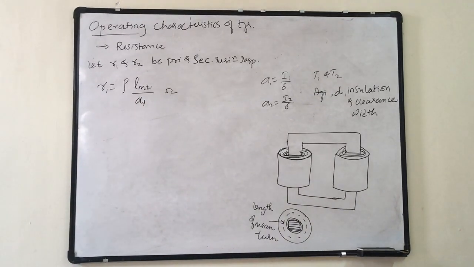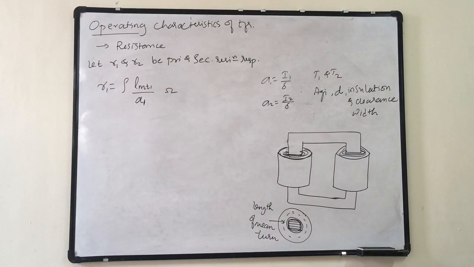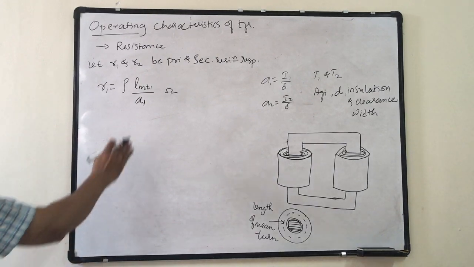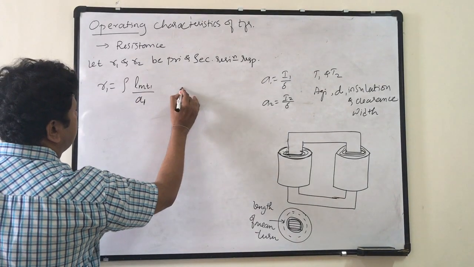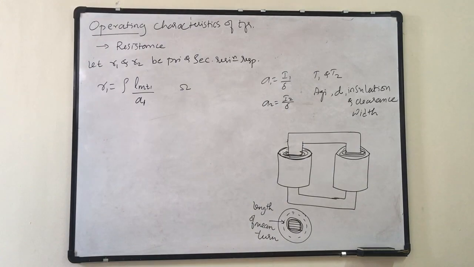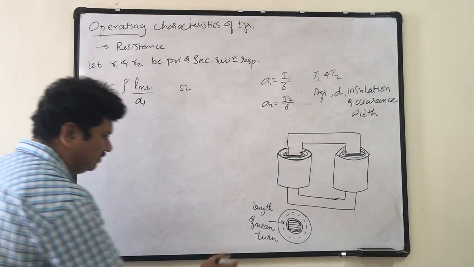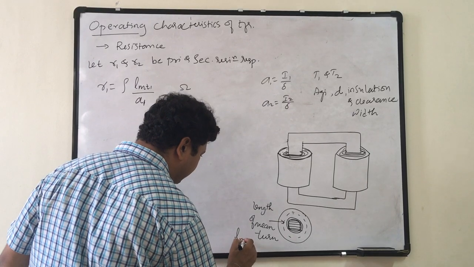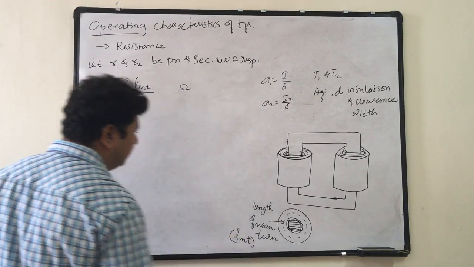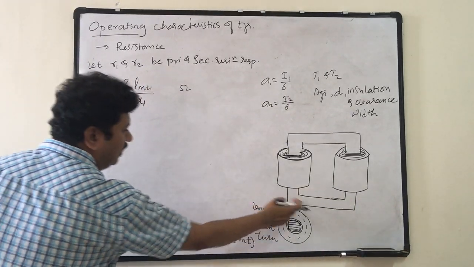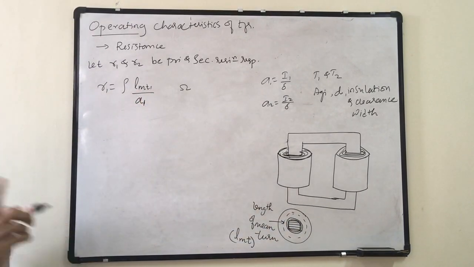This is the resistance of one mean turn, since the length I have taken is only for one mean turn.